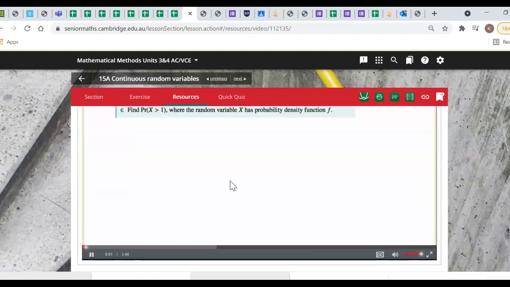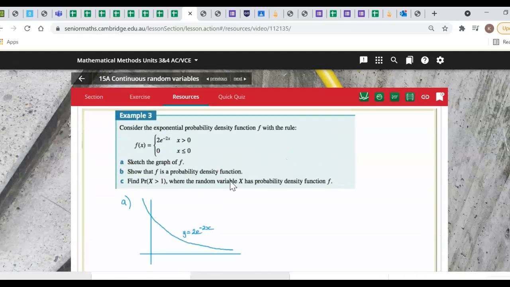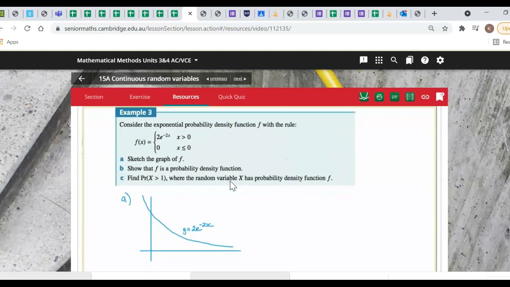The first part of this example asks us to sketch the graph of f. So there you can see I've set up my axes and I've got a decreasing exponential function, but we're only following this exponential function when x is greater than 0. So I've put in an open circle endpoint at x equals 0, and I've erased the rest of that graph that was continuing up there.